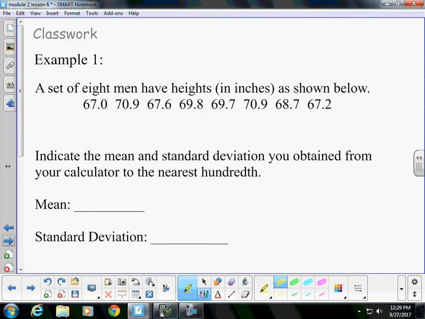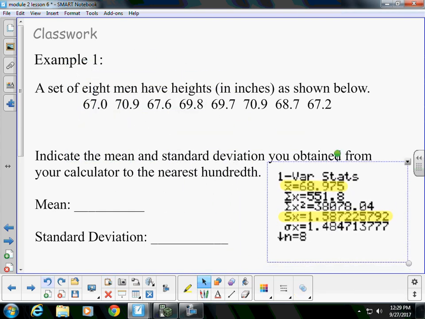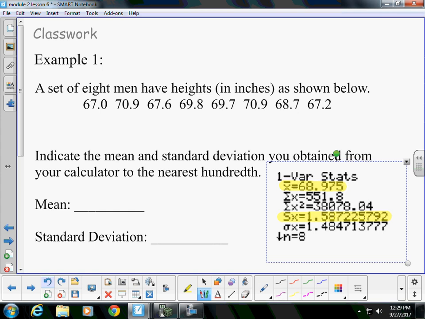Okay, so coming over here, I just did this whole problem. Here's my set of men. And I came out with the mean and the standard deviation from my calculator. The mean came out to 68.95.